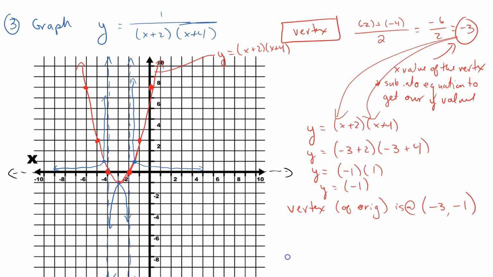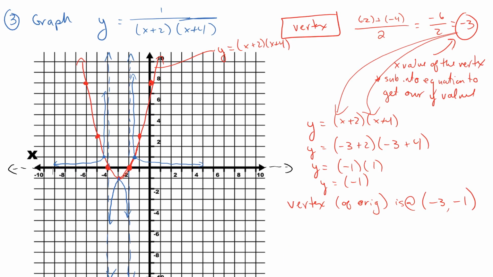It shouldn't take that long to graph things. If you know how to graph the original one, you know the relationship between the x-intercepts and the vertical asymptotes. And knowing that to find this point here, you just need to find the reciprocal value of the y. Now we were lucky here that y equals negative 1, so 1 over negative 1 is simply negative 1.